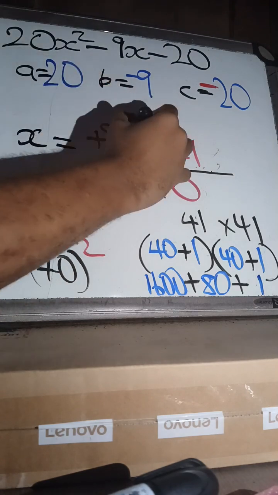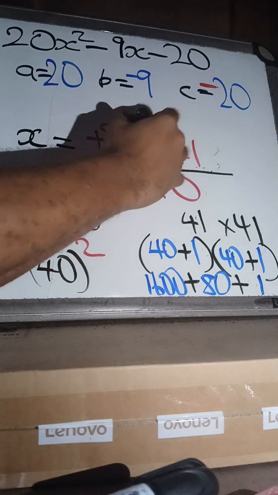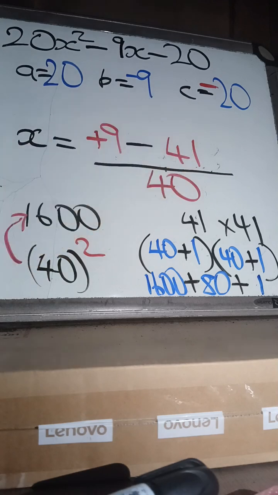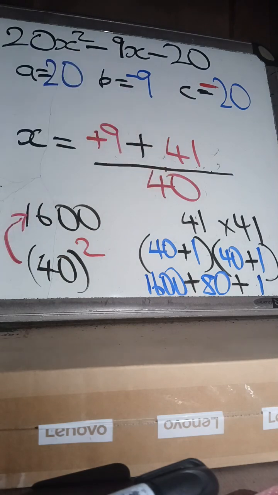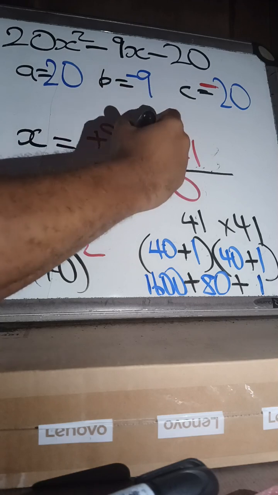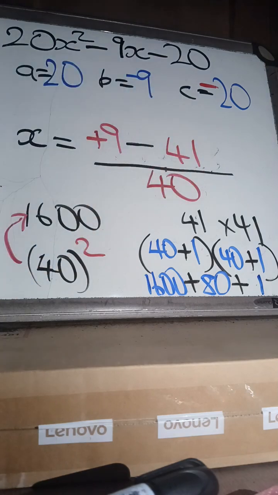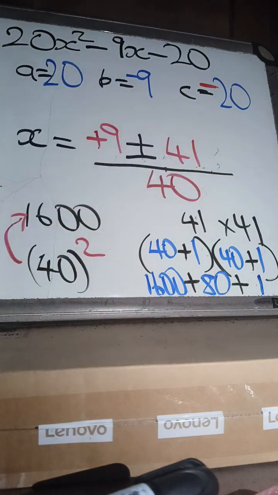Obviously, you want the minus to be a little bit higher, right? So those are the two possibilities. It is either 9 plus 41 or 9 minus 41. That is what this sign means.